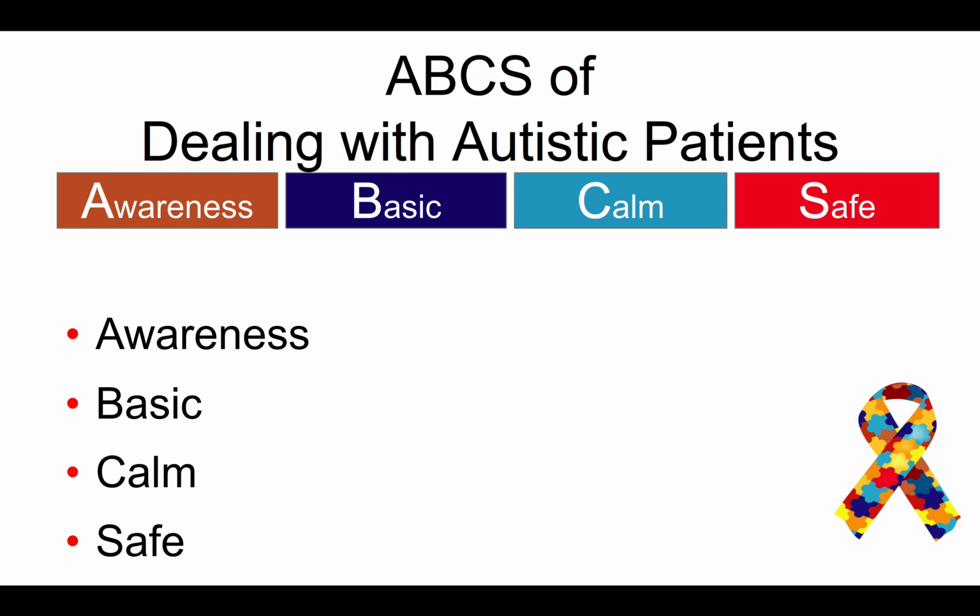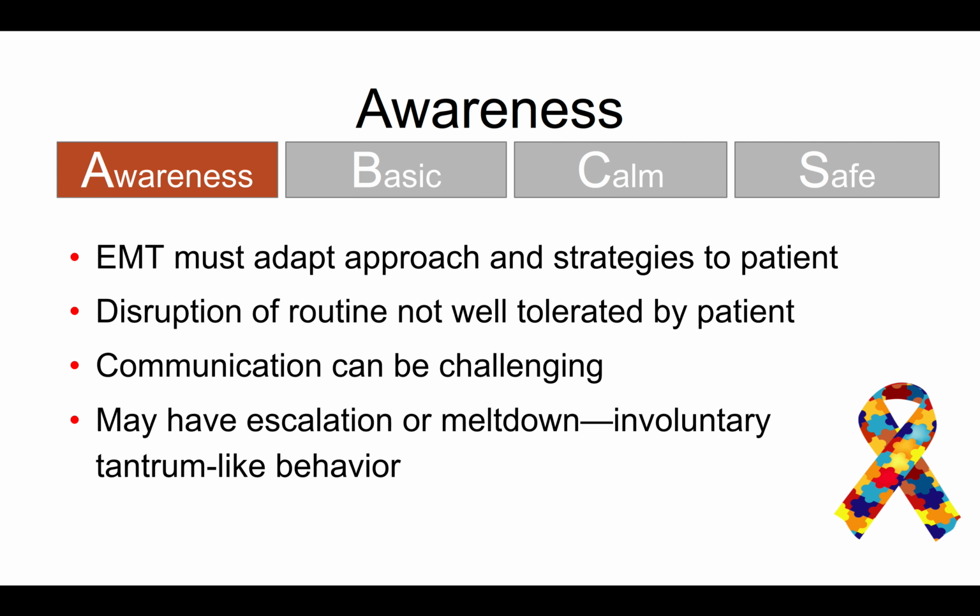So when you're dealing with autistic patients, we'll use this acronym, ABCS, and what that stands for is awareness, basic, calm, and safe. So we'll go through each of these. So first is just the awareness, and that is basically just realizing that you need to do things a little differently with an autistic patient.